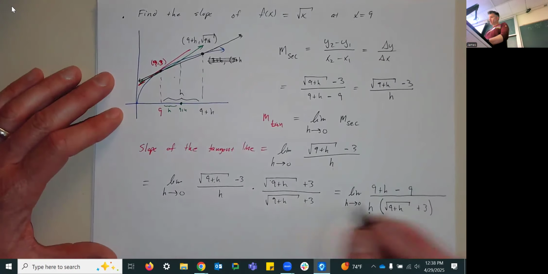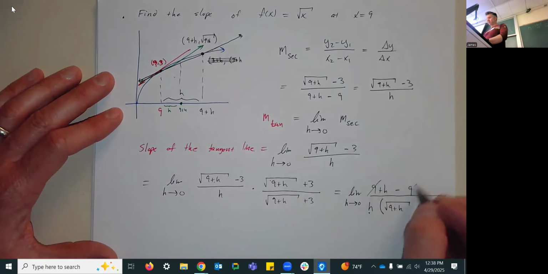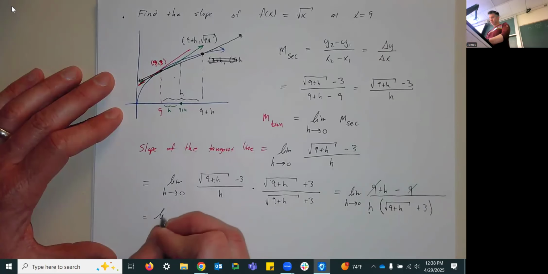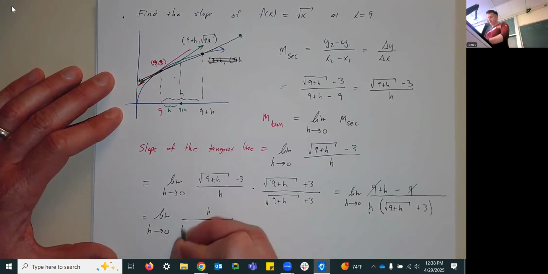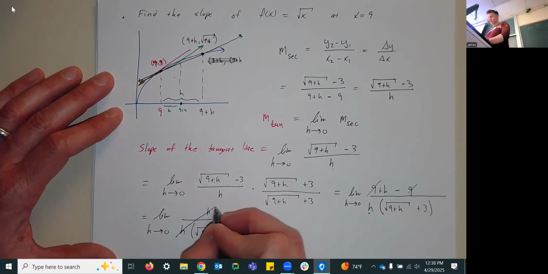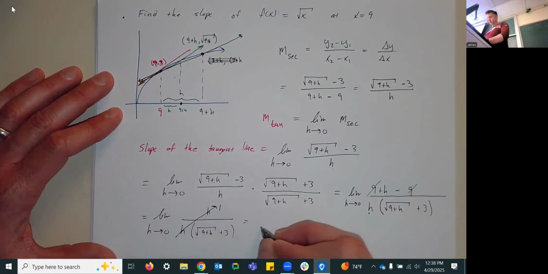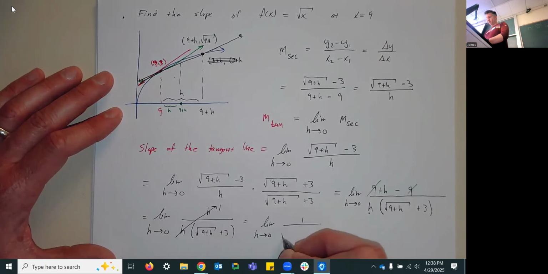And it's going to. 9 minus 9 is 0. And then we have the limit as h approaches 0 of h divided by h times the square root of 9 plus h plus 3. And then h divided by h is 1. So we have the limit as h approaches 0 of 1 divided by the square root of 9 plus h plus 3.